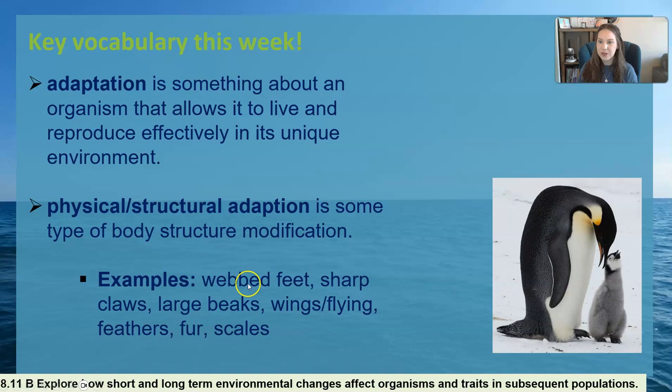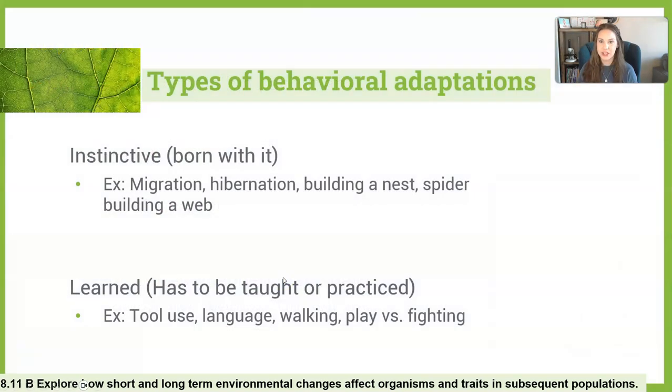So there are also types of behavioral adaptations. Behavioral could be something that is learned, or it could be something that the animal is born with, or plant. So instinctive would be what they're born with. So birds just know how to migrate. They don't have to be taught, they just know. Bears know how to hibernate. Same thing.